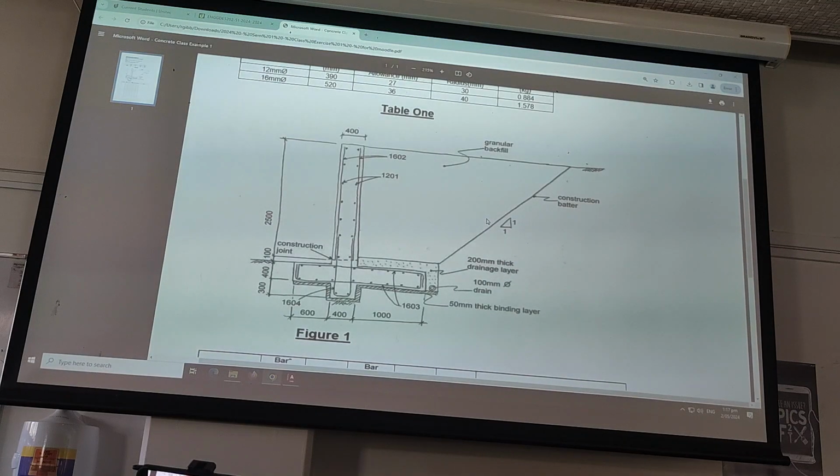Bar number 1602, so it starts down on the construction joint and it works its way up to the top. It's what, 2.5?